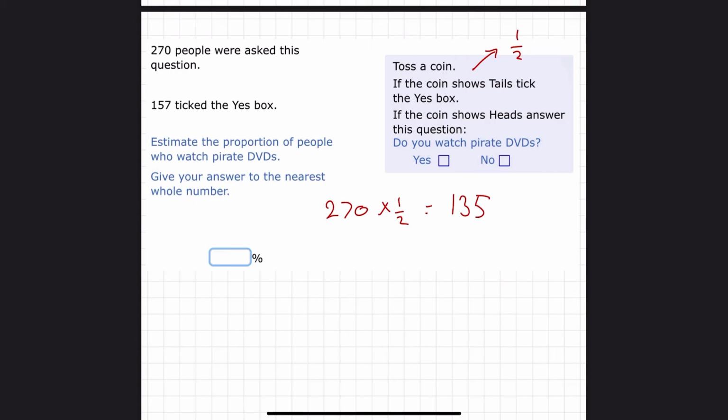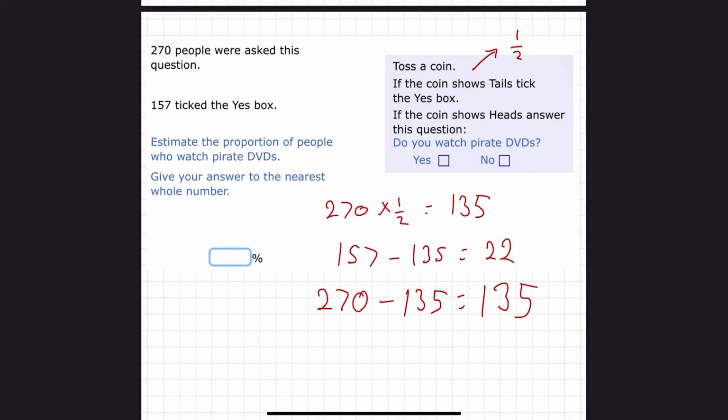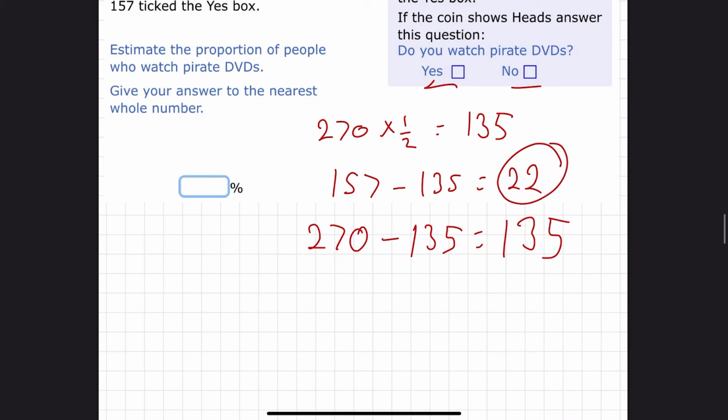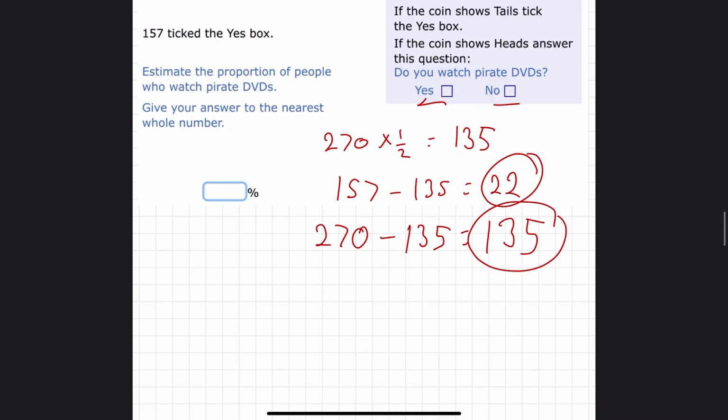And if I do 157 minus 135, that will tell us the people who we think actually answered the question and ticked yes, which is 22. And if I do 270 minus 135, I'm going to find the people who actually answered the question altogether and either ticked yes or no. So we believe 22 people ticked yes and meant it, and we believe that 135 people actually answered the question.